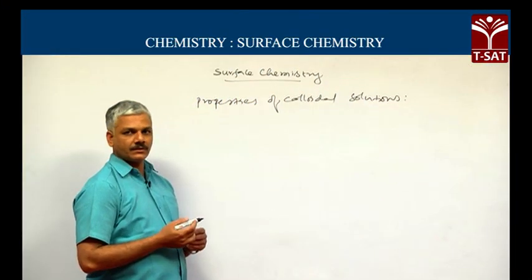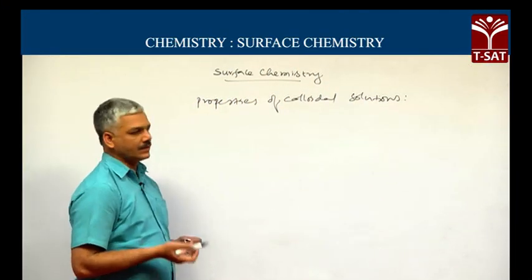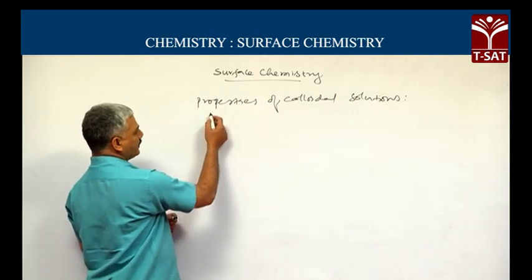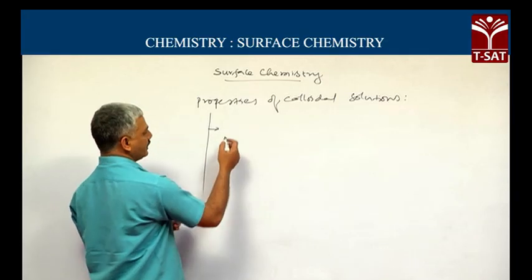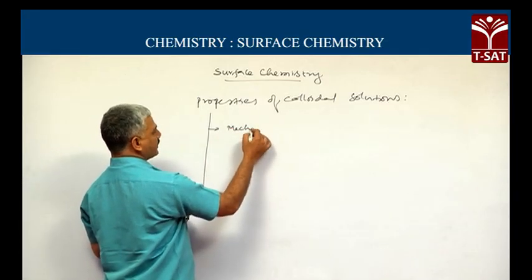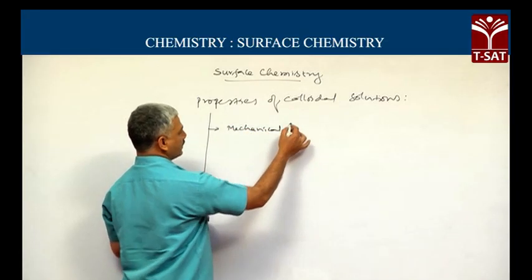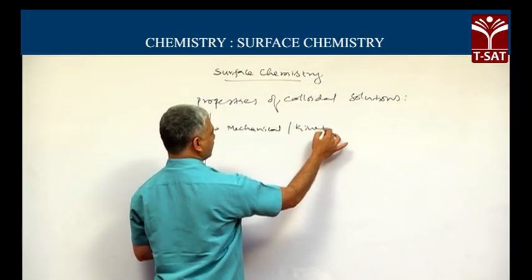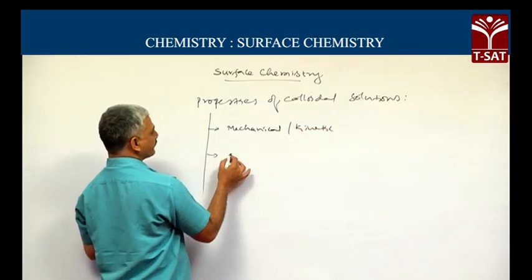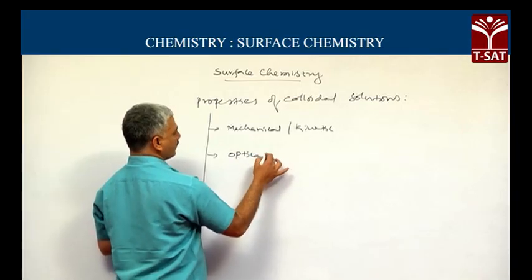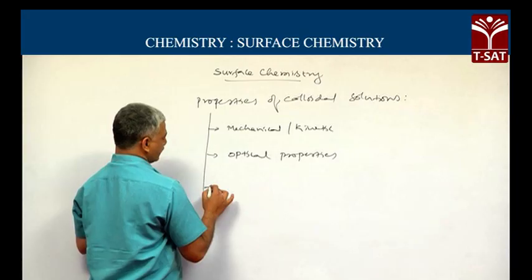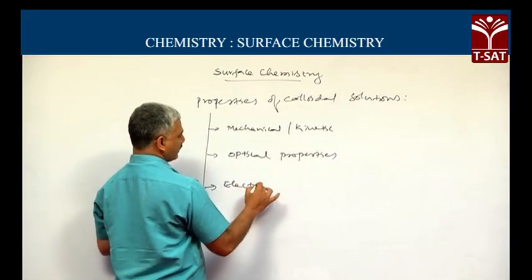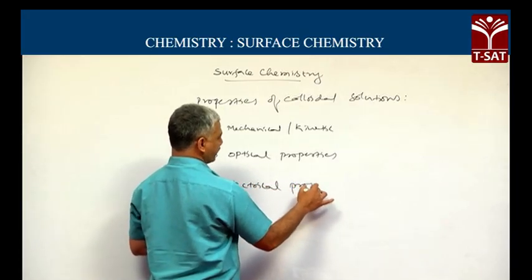Properties of colloidal solutions. The properties of colloidal solutions can be broadly studied under the headings mechanical properties, which are also called as kinetic properties, optical properties, and electrical properties.